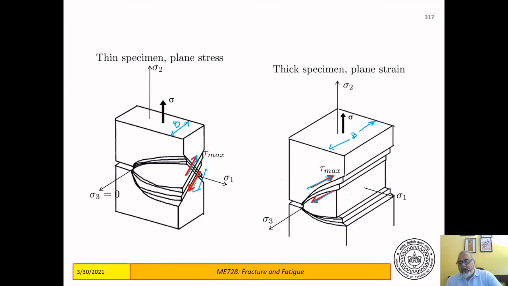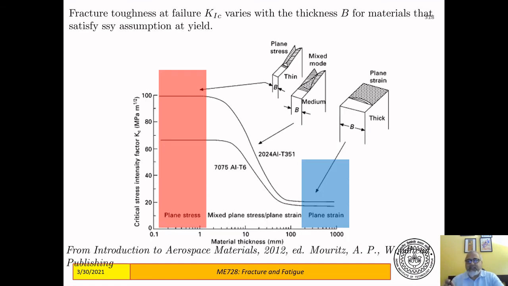So obviously, things are not always exactly plane stress or plane strain, and in fact, fracture toughness from experiments, which we will learn about a little later, will vary with the thickness of the test specimen.